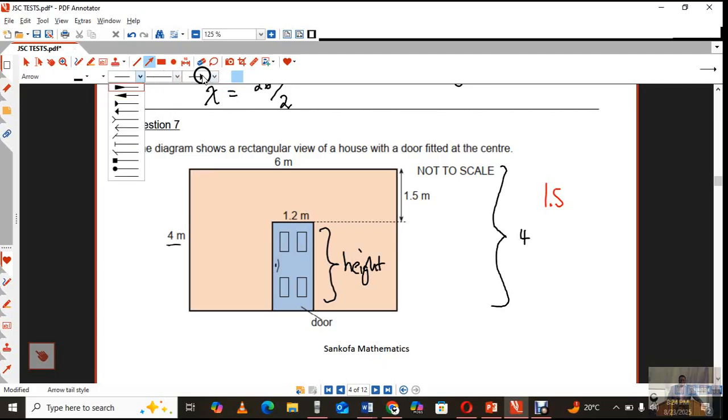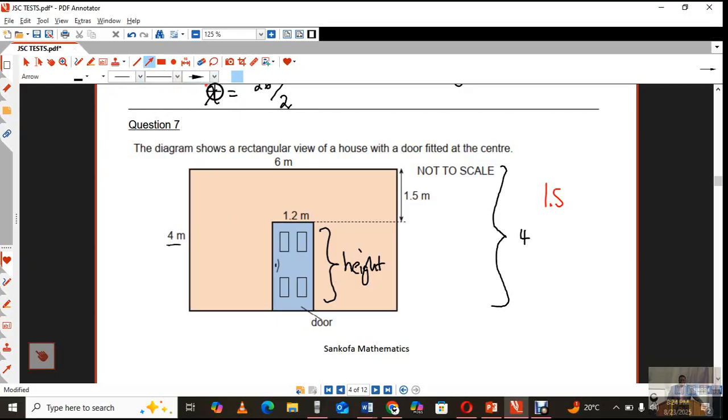Now I might be slightly out of my diagram. I'm just trying to make a point.